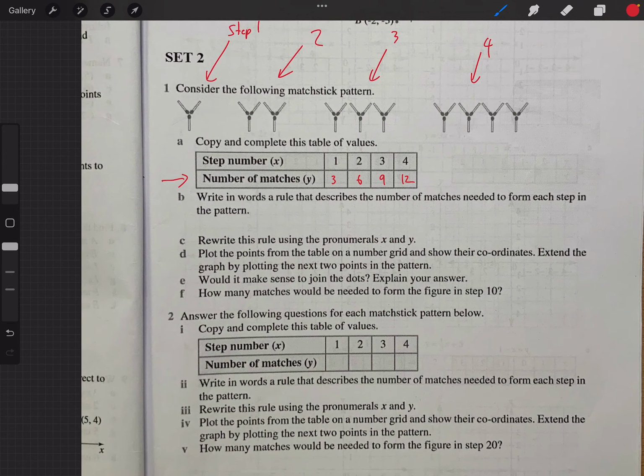Okay. Question B. Write in words a rule that describes the number of matches needed to form each step in the pattern. So we need to make a relationship between the X and Y, or the number of steps and the number of matches. So how do I get from this number 1 to number 3? Well, from 1 to 3 we're going up in value.